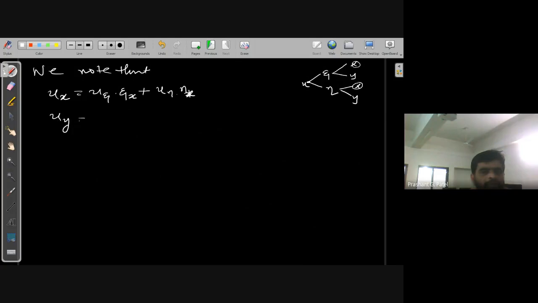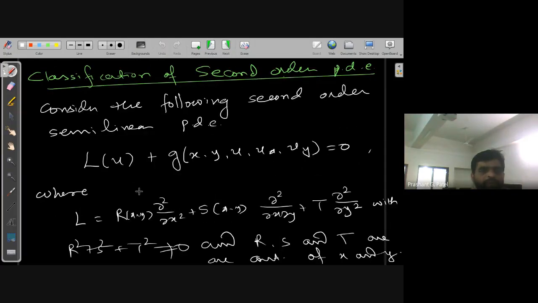In a similar manner, uy is u xi into xi y plus u eta into eta y. Ultimately, I want to establish everything which we have here, that is del square u by del x square, del square u by del x del y, del square u by del y square.